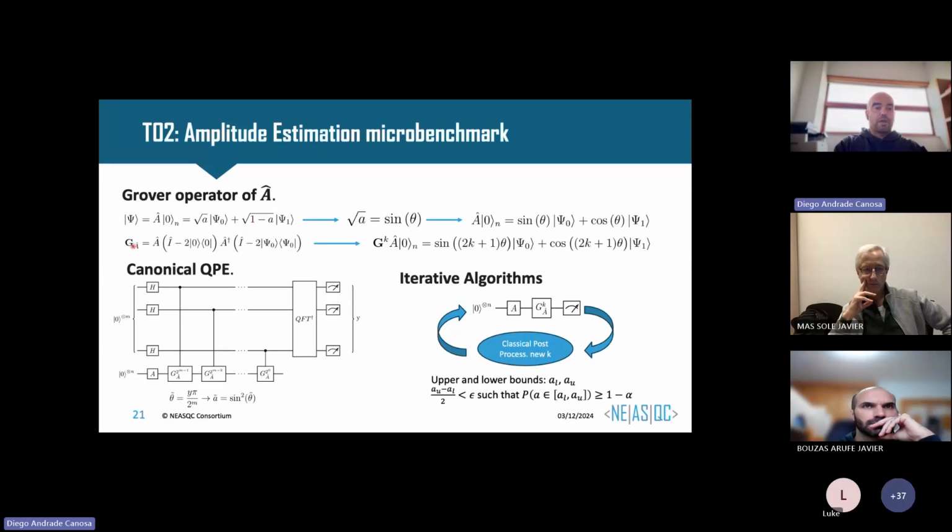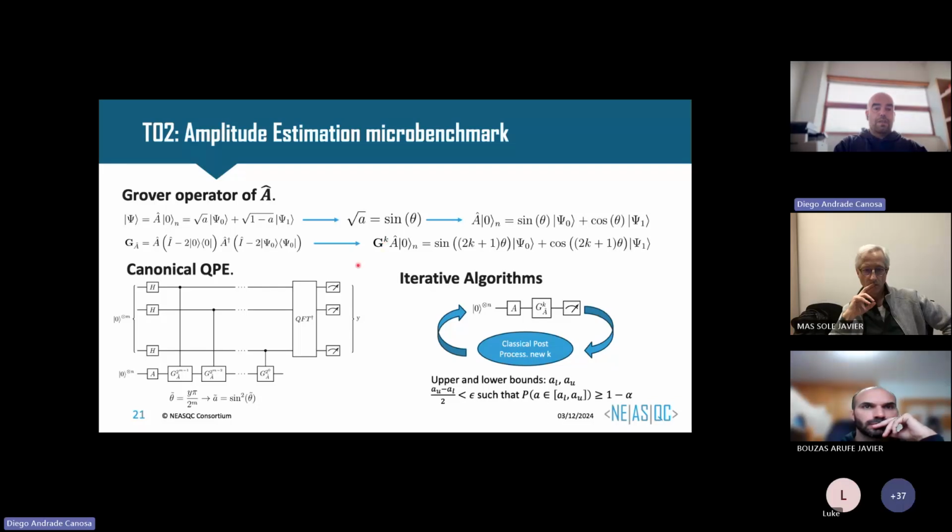We can use a Grover operator, doing reflections around the psi 0 axis, to amplify the probability of the good state. We can also apply this Grover operator a configurable number of times, k, to further amplify the amplitude.